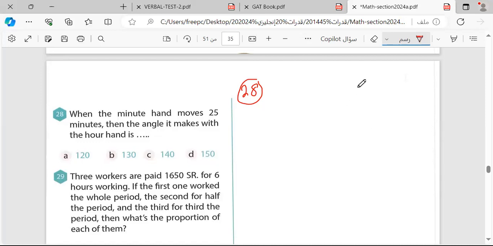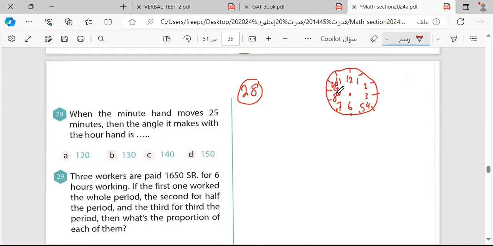If you have a watch like this, how many hours there? 12 hours, right? Here will be 12, 1, 2, 3, 4, and 5, 6, 7, 8, 9, 10, also 11, 12.